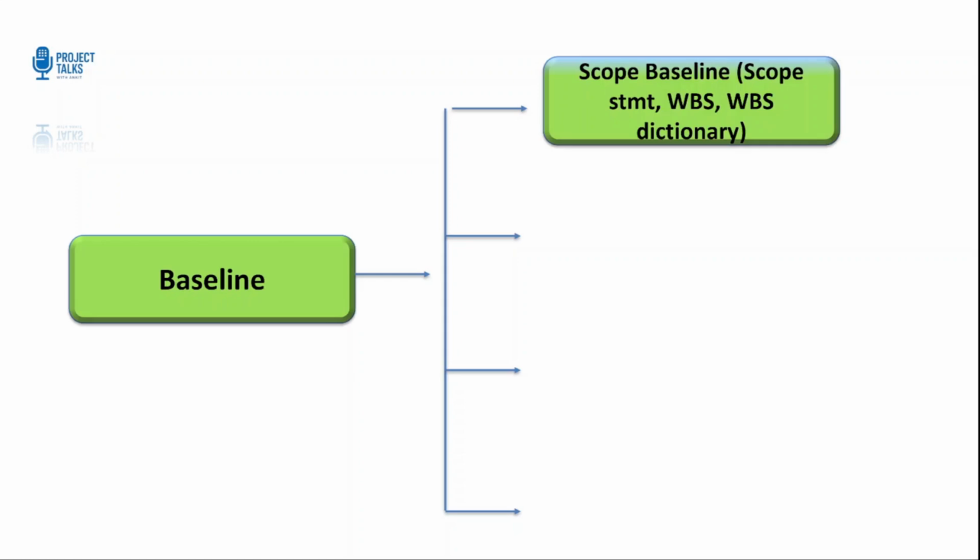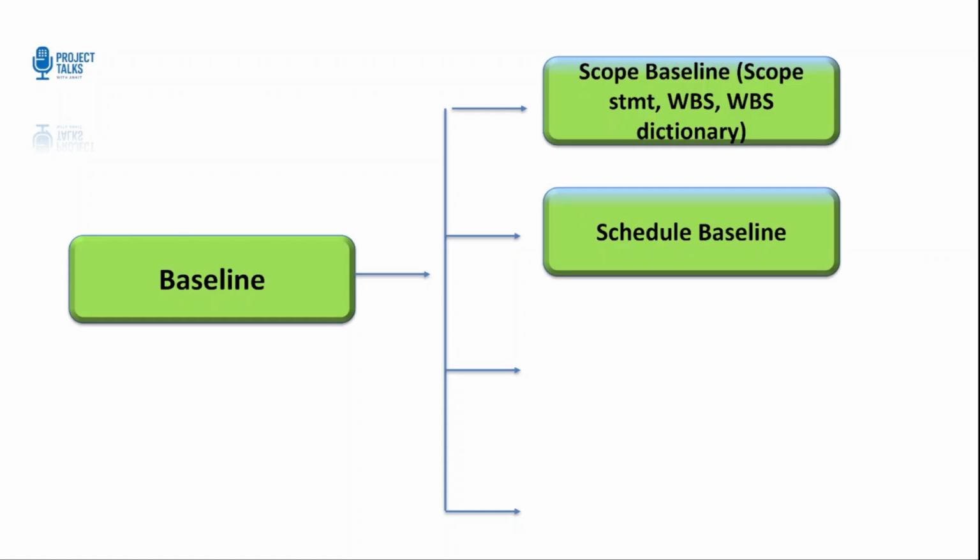First, we have scope baseline, which is made up of three parts: the scope statement, the work breakdown structure or WBS, and the WBS dictionary. Together, they define what work is included in the project and help everyone clearly understand what needs to be delivered. Then comes the schedule baseline.